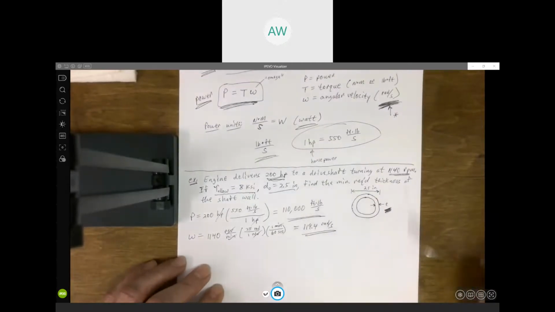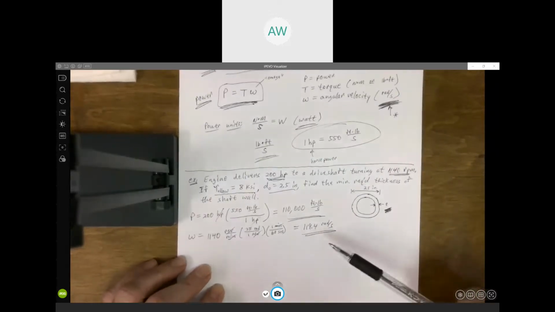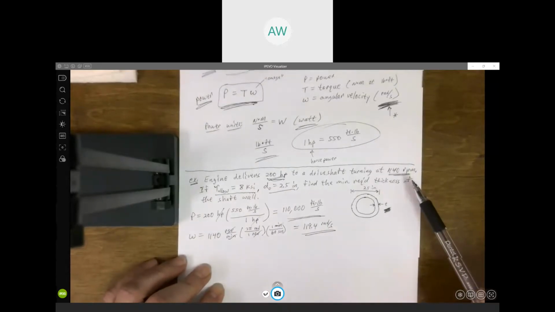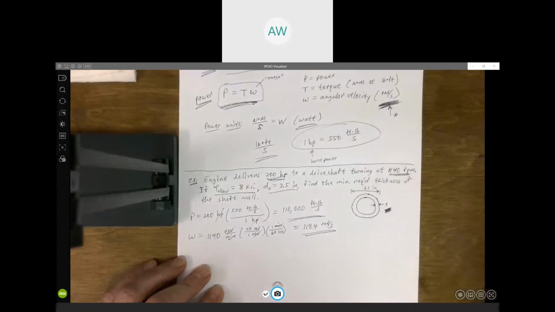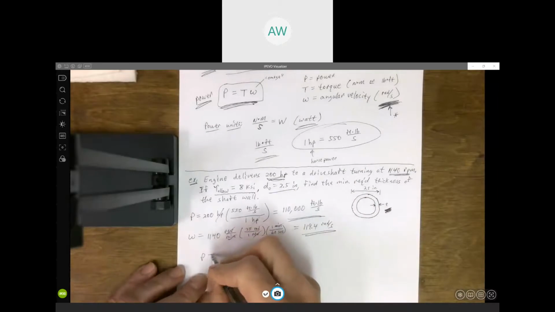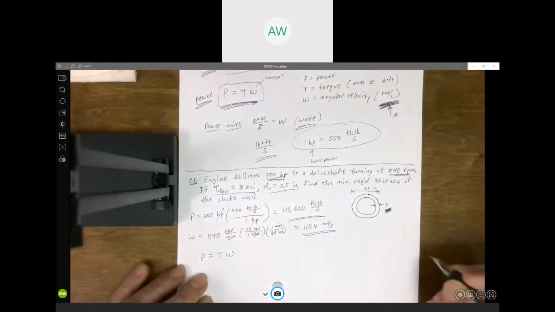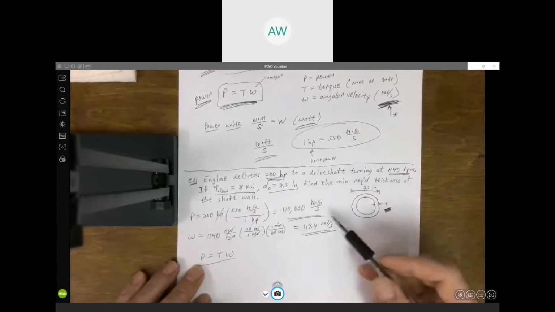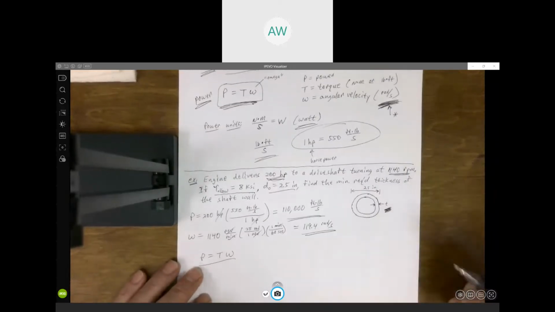Again, here's where I think maybe one of those other formulas in the book might be for where you could put in omega and RPMs. But then you have to know another formula. I would just prefer doing this, converting omega to radians per second. I don't have to remember a new formula for that. And then plug it in this formula: power equals torque times omega. So we've got the power, we've got omega, we can find the torque.